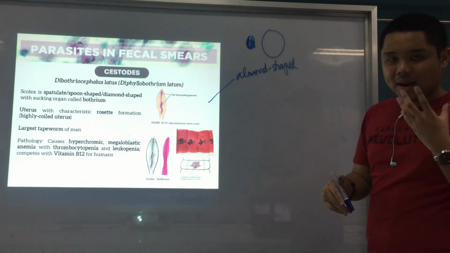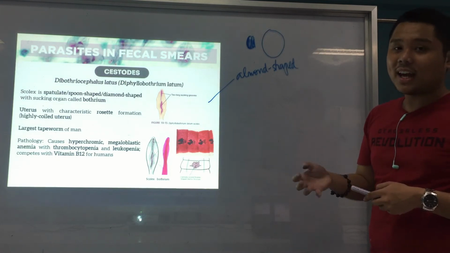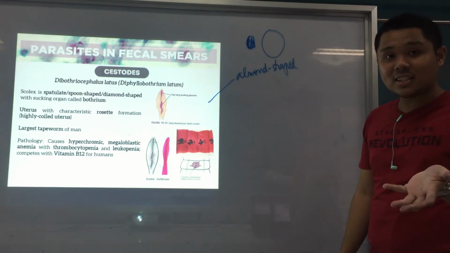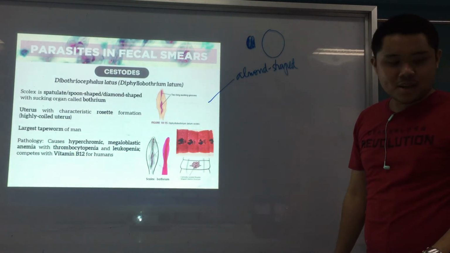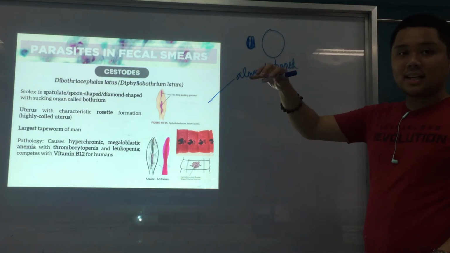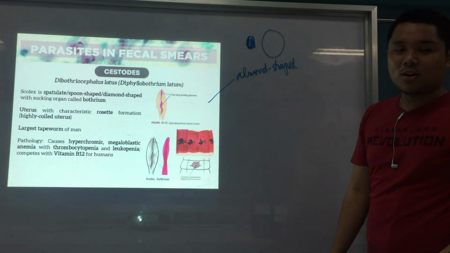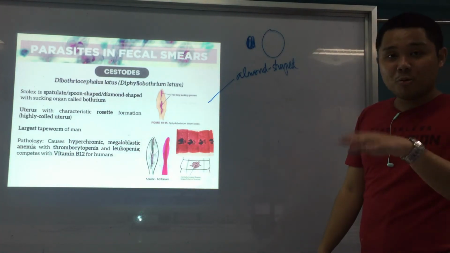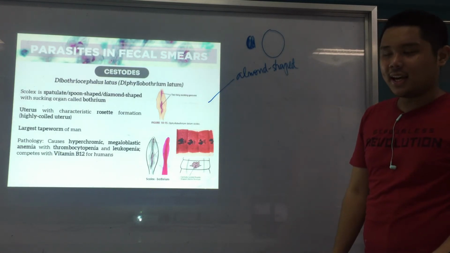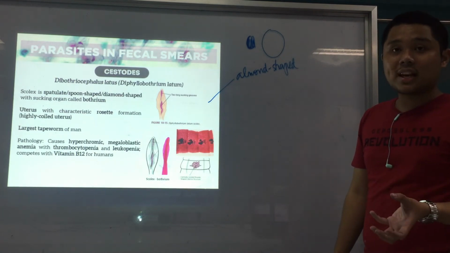That's why they become megaloblastic and hyperchromic, meaning full of hemoglobin, really red. So because of the vitamin B12 deficiency brought about by D. latum, it causes megaloblastic anemia. Megaloblastic again means larger RBCs than the normal size, and hyperchromic means too much hemoglobin. It's really red. And thrombocytopenia means low platelets in the blood, and leukopenia means low WBCs. Basically, low concentration in the blood.